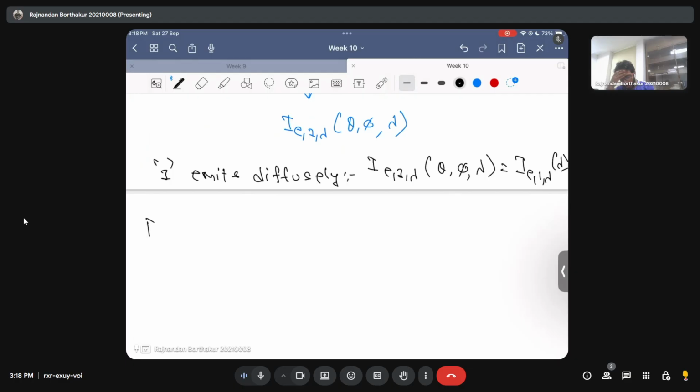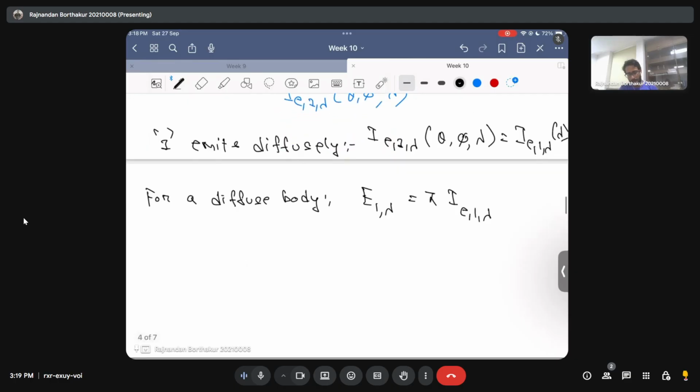Okay, and then I can utilize the relation that we have derived: for a diffuse body, the emissive power of body 1, which is a function of wavelength, is equal to pi times the intensity of radiation of 1 that is emitted, also a function of wavelength.